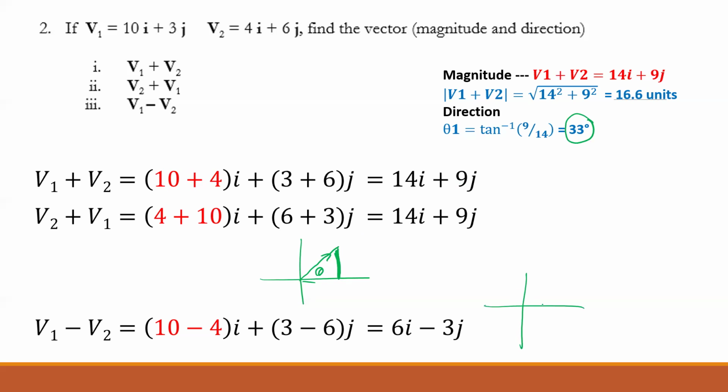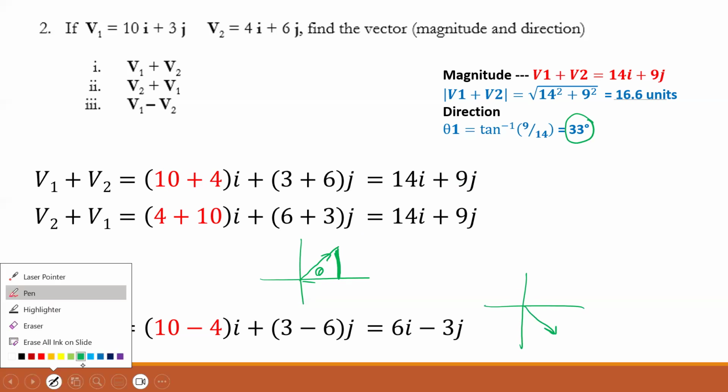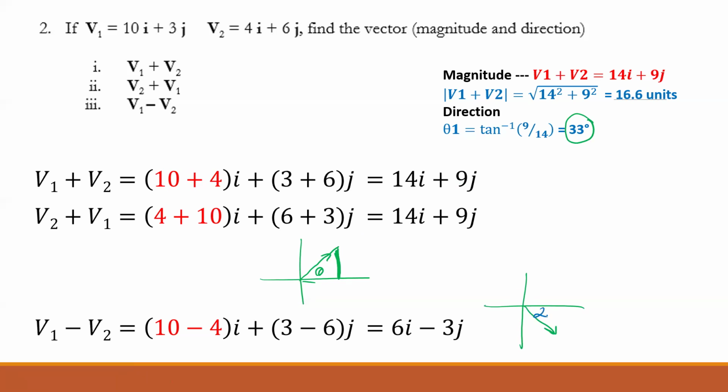Here you have 6 and 3, it's like this. Again, if you find the angle here, that will be tan alpha, which equals 3 over 6. So alpha is tan inverse 3 over 6, but now from the positive x-axis in the clockwise direction. This one is from the positive x-axis in the counterclockwise direction.